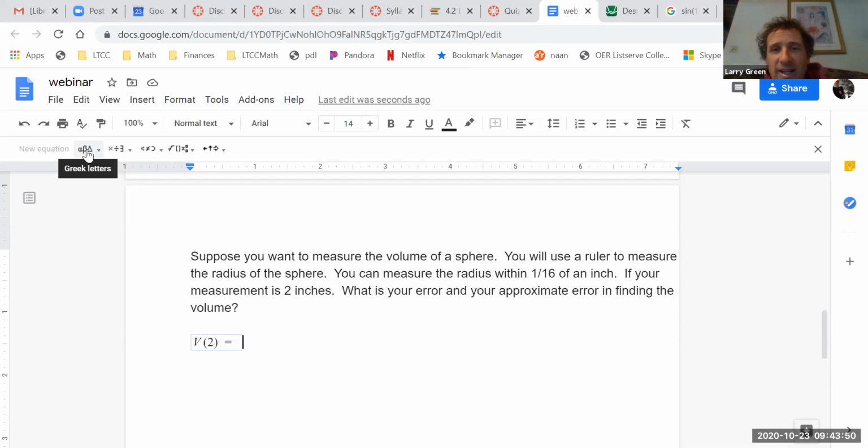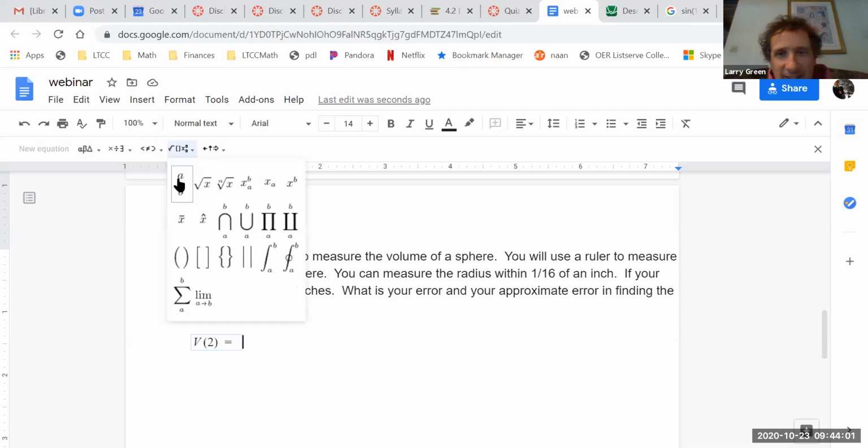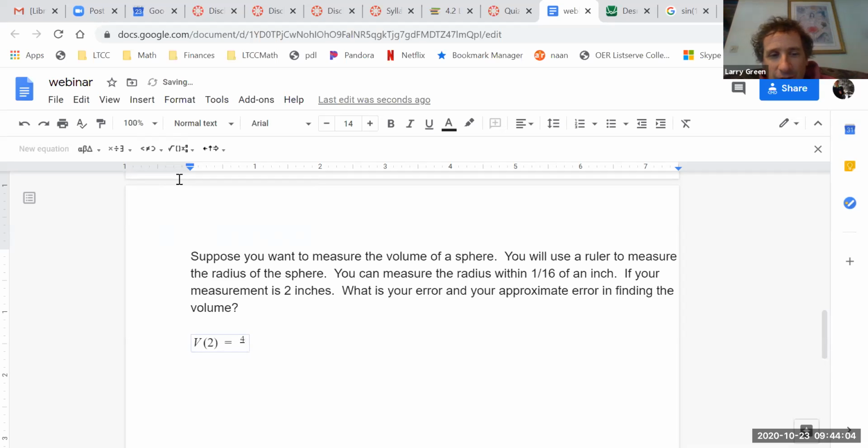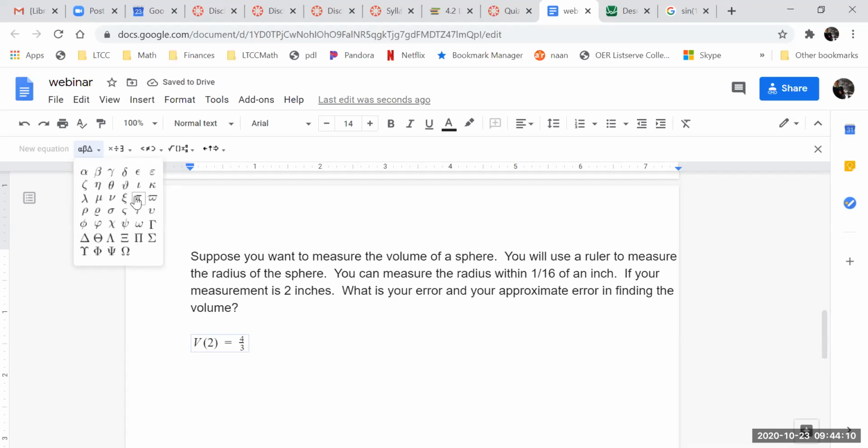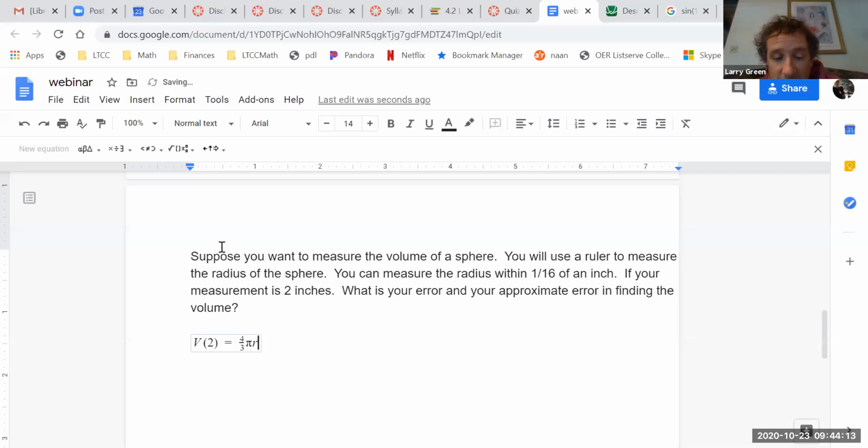Pi r squared, close, except it's not a circle, it's a sphere. And you got to remember, I did this a couple days ago. What was the equation of the sphere? The formula for volume? I don't see y'all remember. It's 4/3 times pi times r cubed, which is equal to, well, if r is 2, that's 8 times 4/3, which is 32/3.